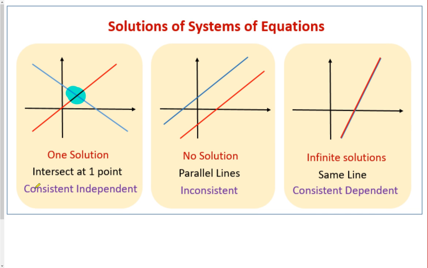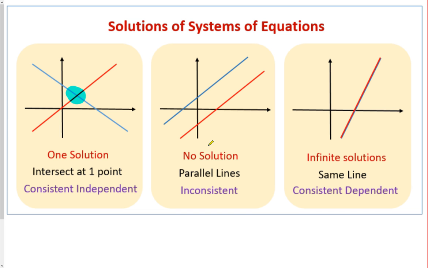Now these words consistent, independent, you don't need to know those. Those are just ways of describing this relationship, but you don't have to worry about memorizing those or anything. The second possibility is that you've got no solution, and that means the lines are parallel. So when you would try and solve, you'd end up with a problem in the math.